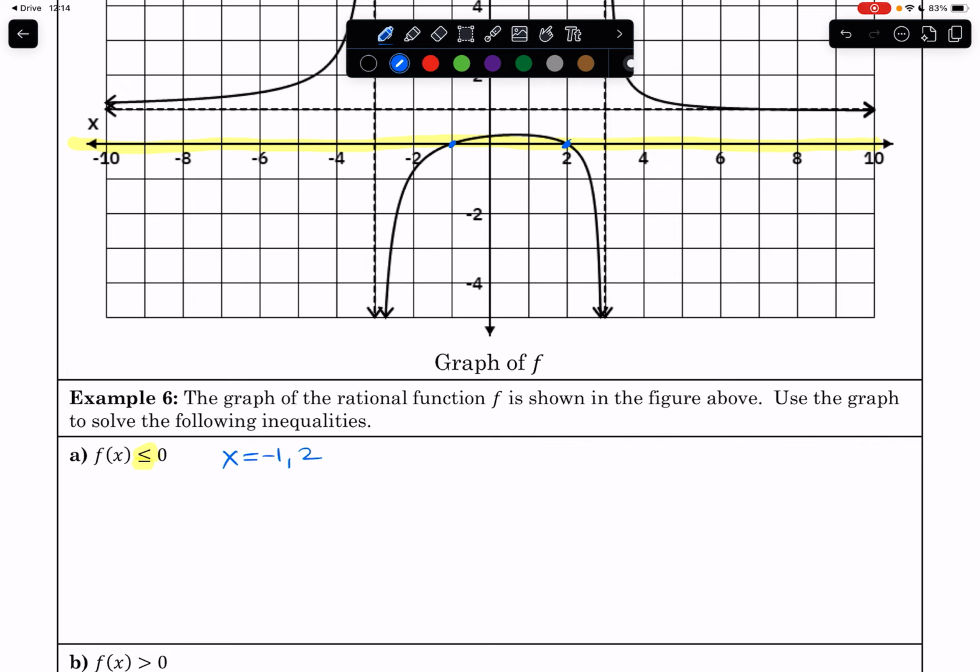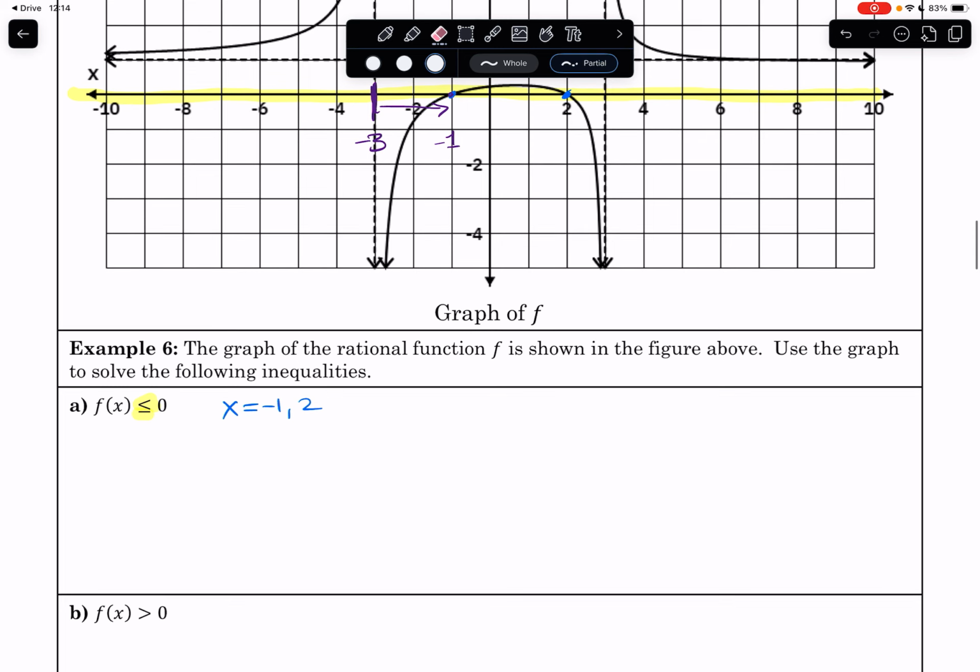When are we going to be below that yellow line? Well, if we look at the portion of the graph, this portion of the graph is below that yellow line, which is between the x values. Let me do that in purple. Between this vertical line here and that blue point there. So from -3 all the way to this blue point where the x value is -1.